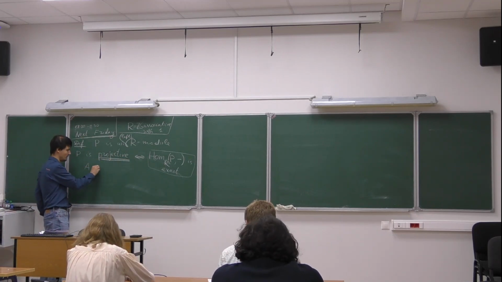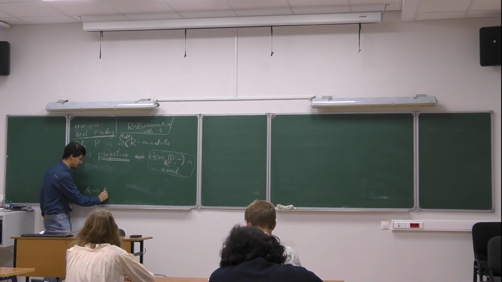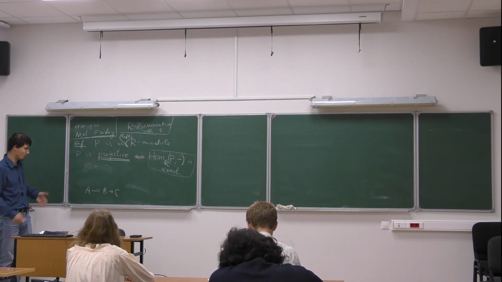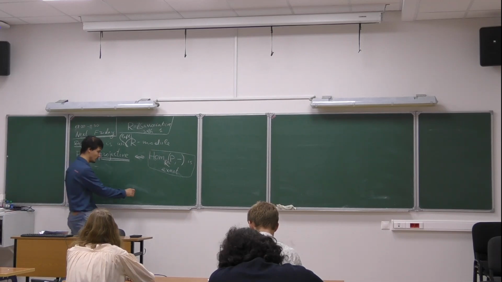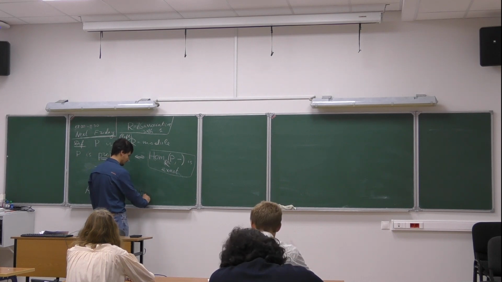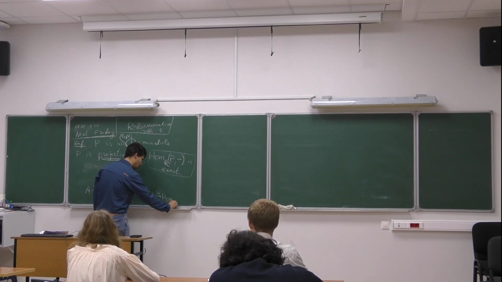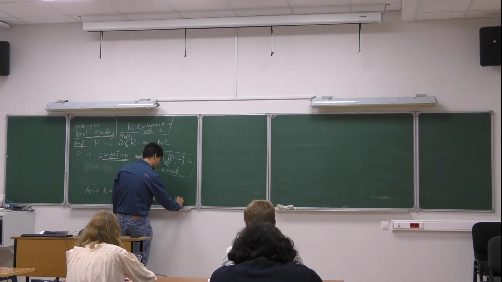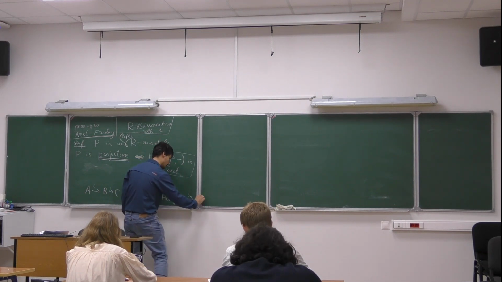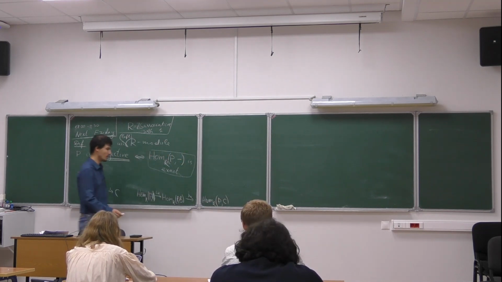So if we have an exact sequence of R-modules, A to B to C, where I and J are homomorphisms of R-modules, then of course we have an induced sequence of Hom(P, A) to Hom(P, B) to Hom(P, C).